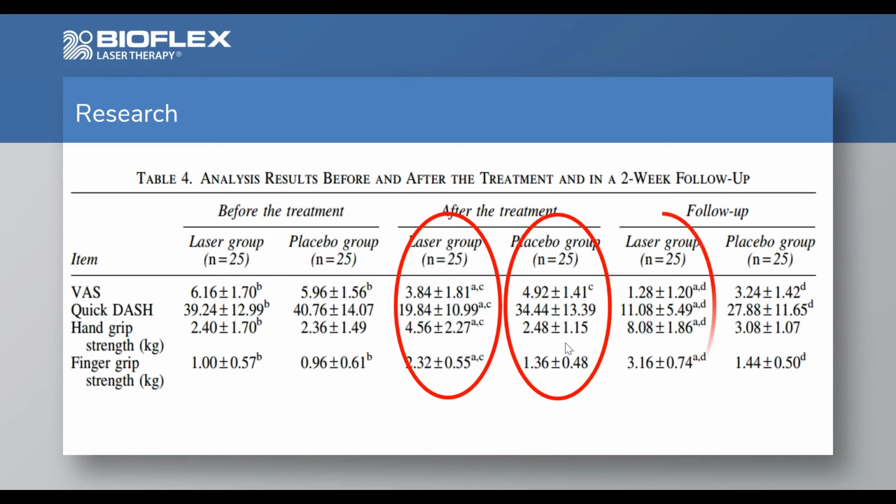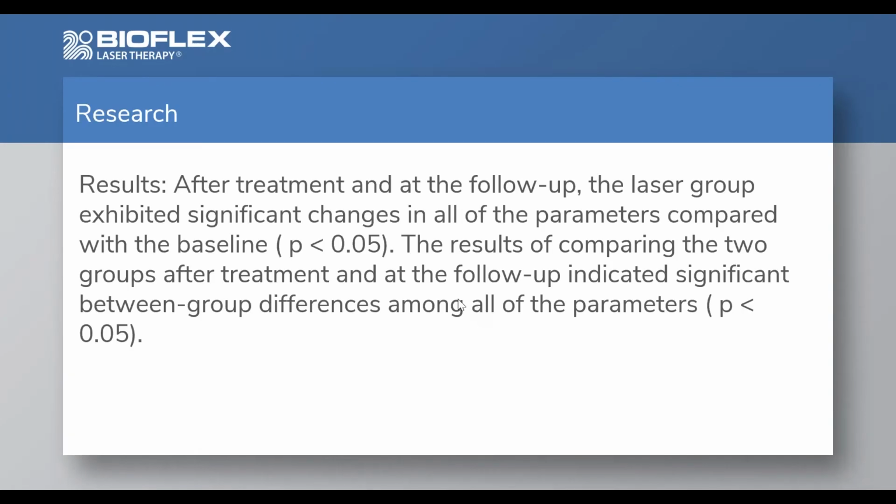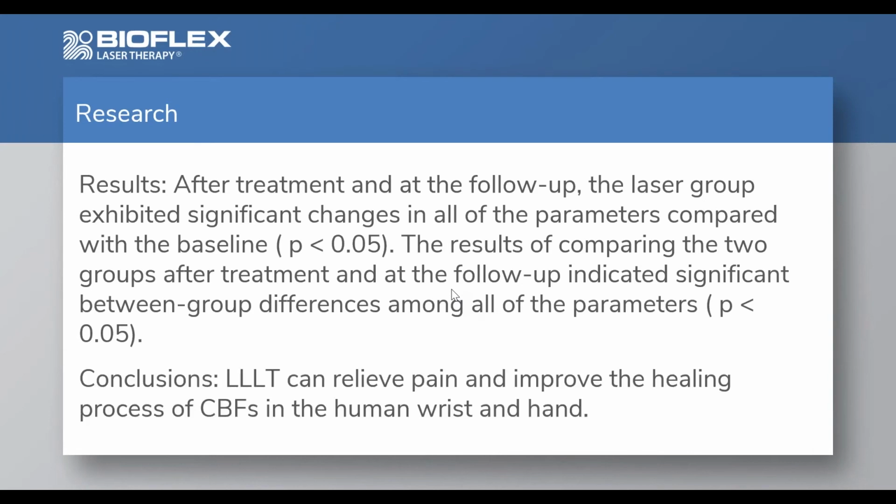And then at 2 weeks follow-up, you can see a continuing improvement in the laser group and a slight improvement in the placebo group. So this particular paper, when you look at the results of what they got, they concluded that laser therapy can relieve pain and improve the healing process of closed bone fractures in the human wrist and hand.